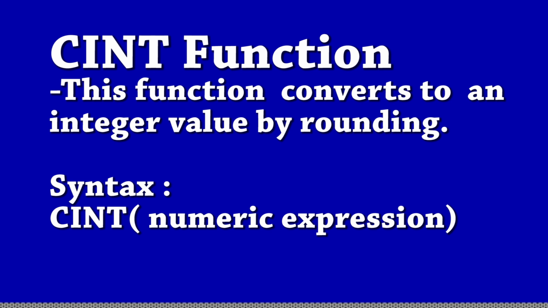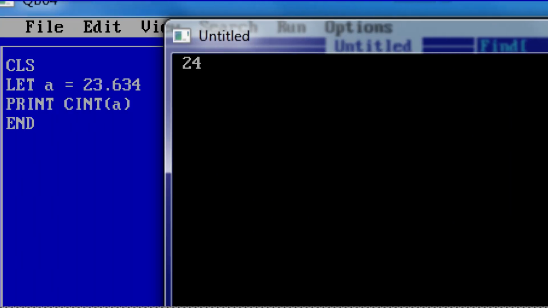Understood? And the syntax is CINT and then a numeric expression. Now I'll show the example. A equal to 23.634. Here you can see after the decimal point there is 6, so it rounds and the value is 24. You can see that output here. So it is the work of the CINT function.